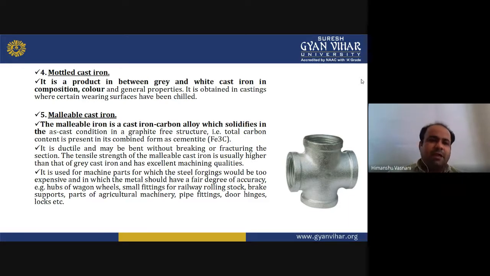So you can see that malleable cast iron has numerous applications, and how it is helping in the manufacturing industry. Let's go forward.